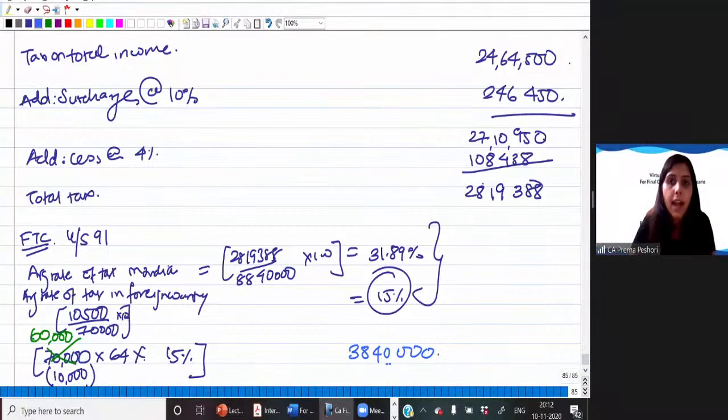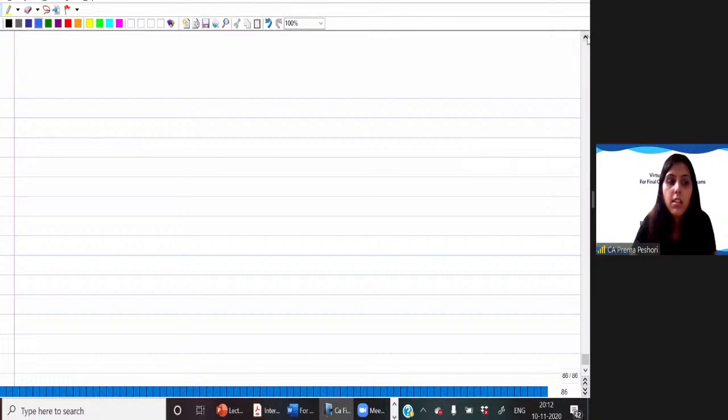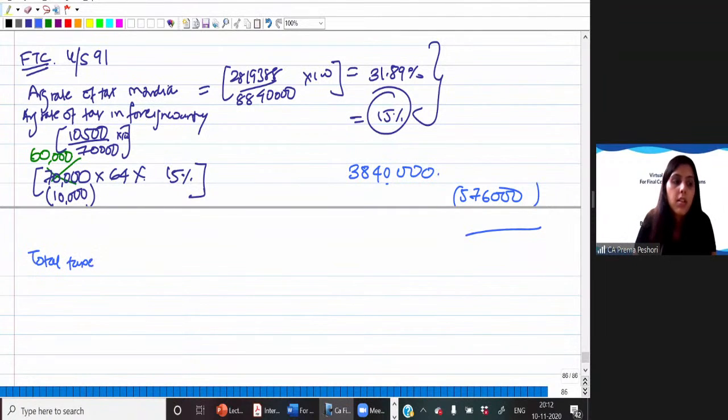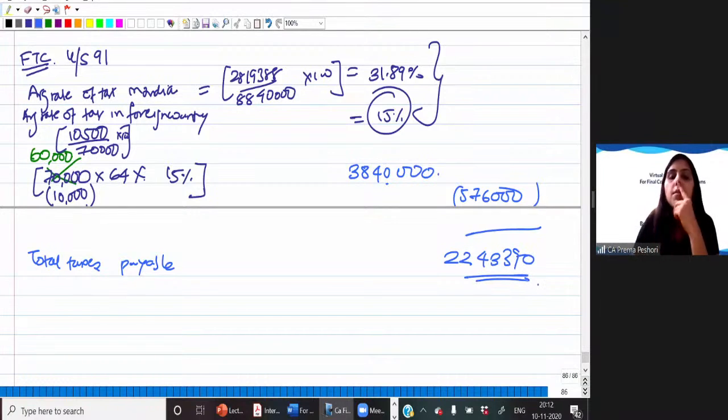That will be the doubly taxed income. And tax on this at 15% is 5,76,000. So this is my credit which will be allowed, and the total tax payable is 22,43,390. Clear? So here I will not allow the relief on 70,000 because I am also allowing the set off of losses. And therefore it will be 5,76,000.